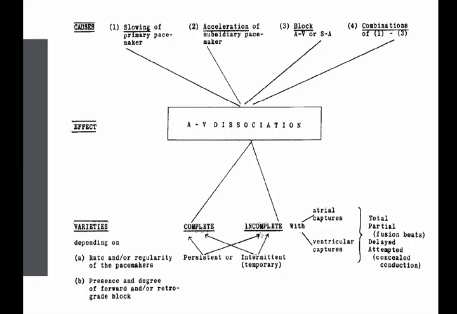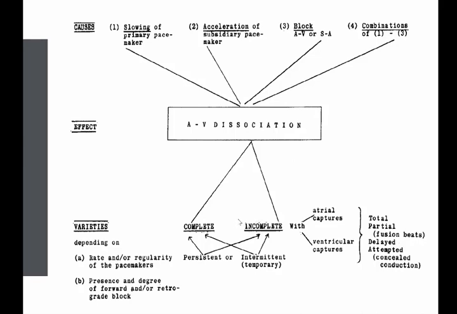In fact, the article by Pick also emphasizes that there is actually no significance in dividing AV dissociation into complete or incomplete, because the presence or absence of captures does not increase the degree of the AV dissociation.